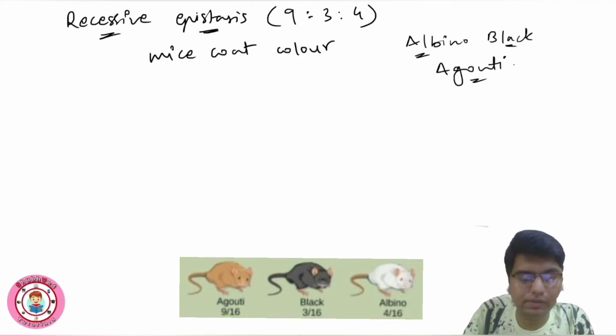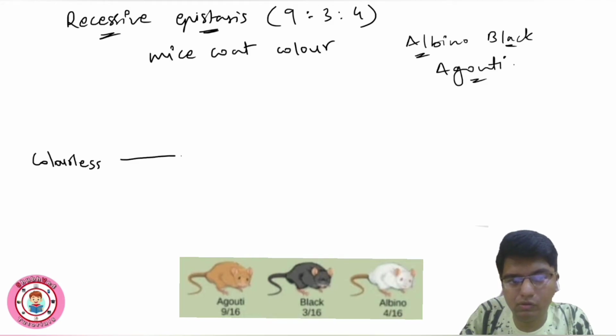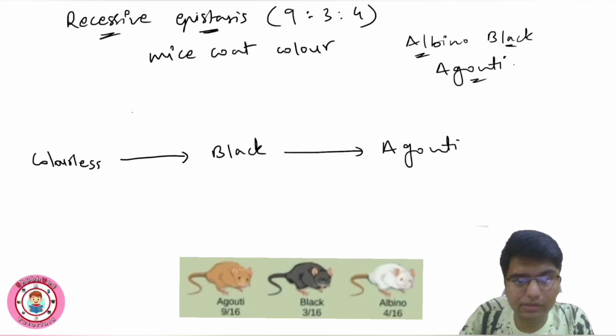See, first is colorless, then black color, and black again. The first product is recessive.